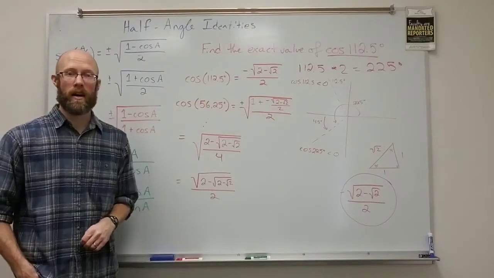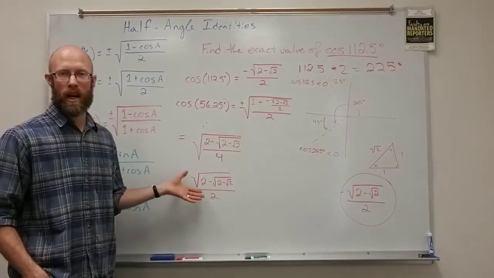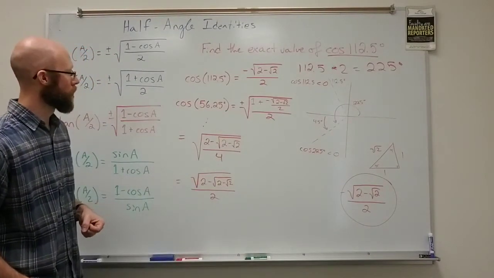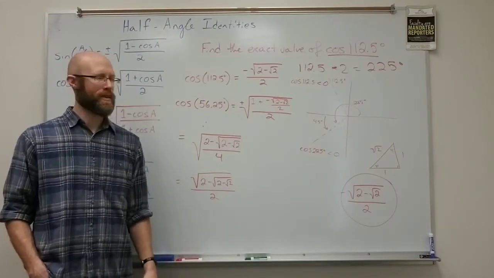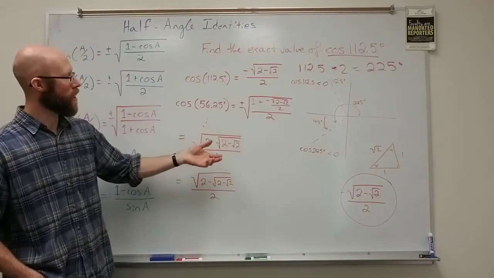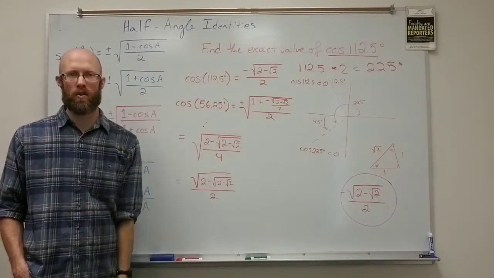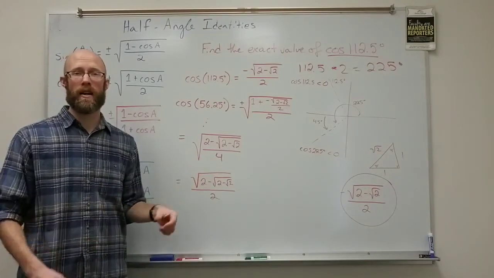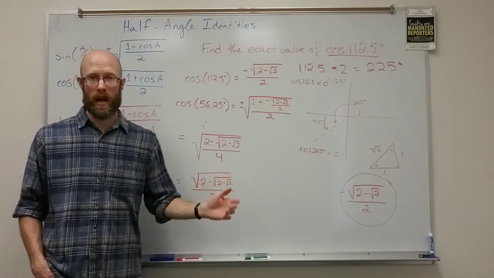So kind of neat stuff. These do get a little bit weird and complicated. But the ones that you're going to see in my math lab, they don't usually repeatedly apply these things. They just do the first one. But I just thought I'd show you that these can be repeatedly applied to find values of many different angles.